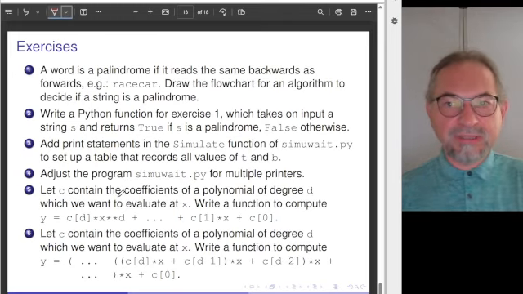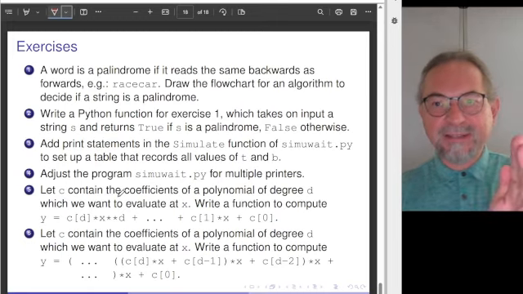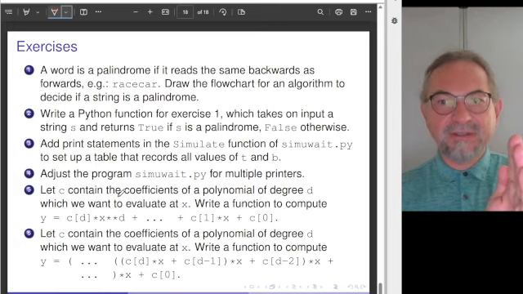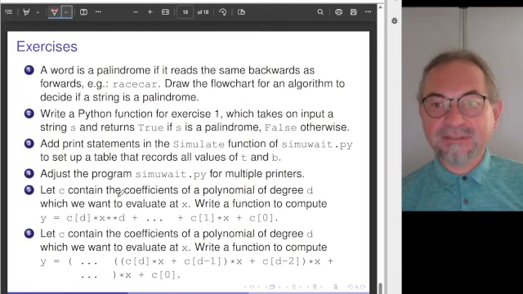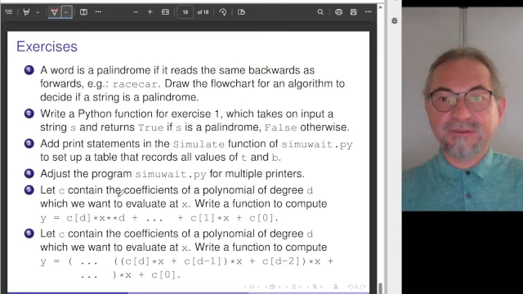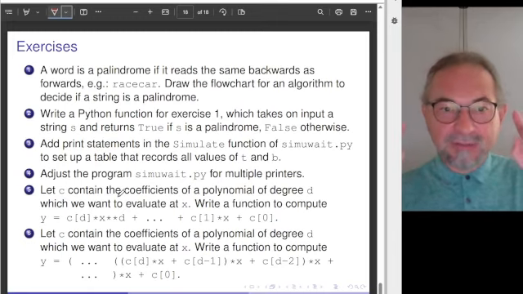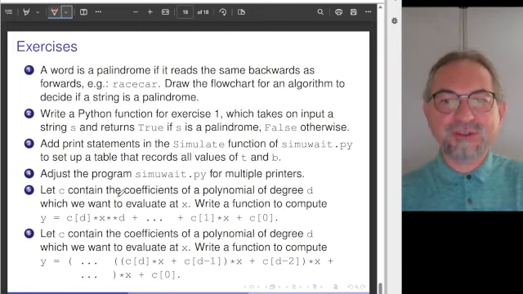When you are deciding whether a word is a palindrome, you will actually look at the list of characters, and we've seen how to peel off the list of characters. You will go with an index from the first character and compare it to the last character. And then increment the index, go from index 0 to 1 from the beginning and subtract 1 from the last index until first index and last index are the same. You will also break out as soon as you have the first character that is different. So when you think about the flow chart, if you are an experienced programmer, you can immediately go to exercise 2.